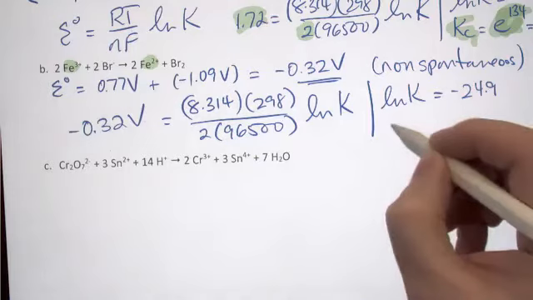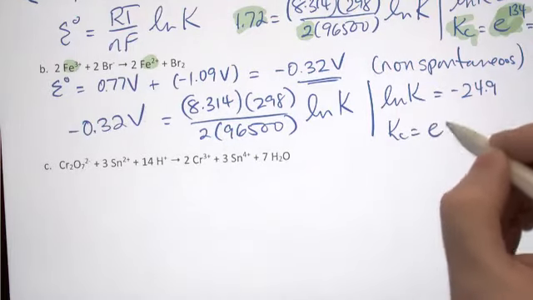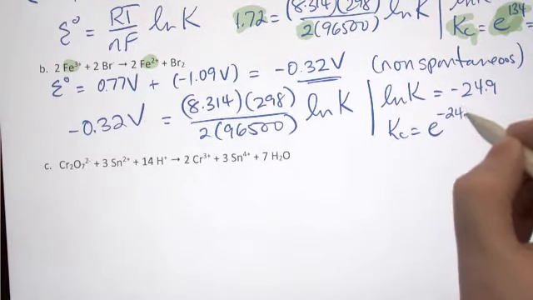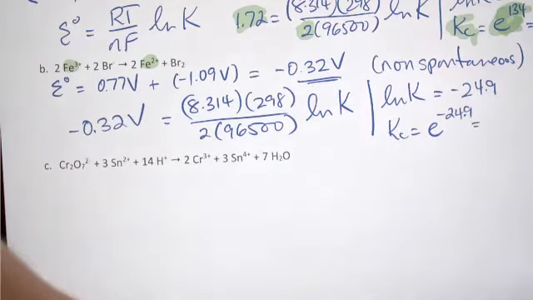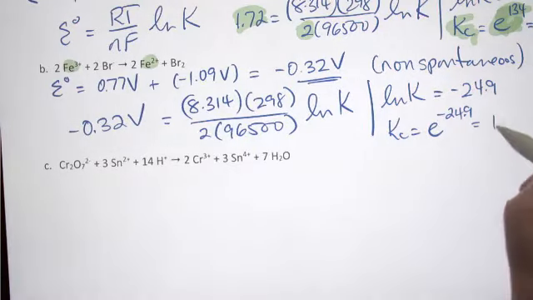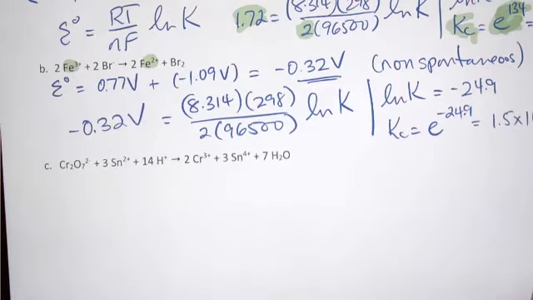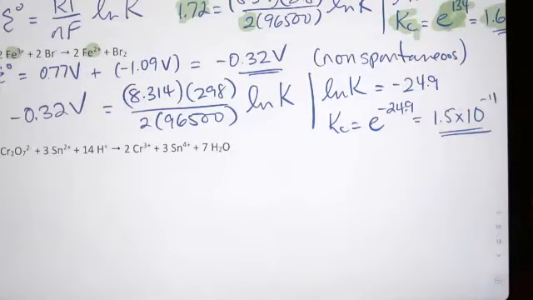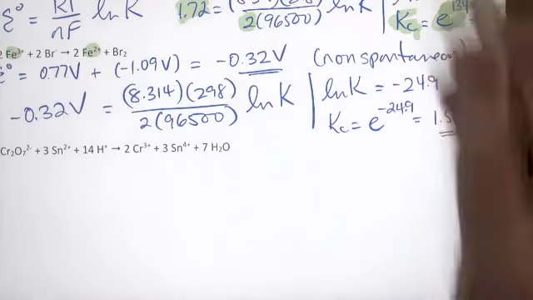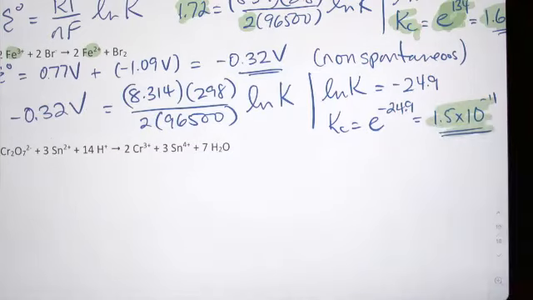So therefore, Kc is e to the power of negative 24.9, which is going to be a very small number. 1.5 times 10 to the minus 11, which makes sense. The Kc is so small because we said it was a non-spontaneous reaction. It had a negative cell potential.